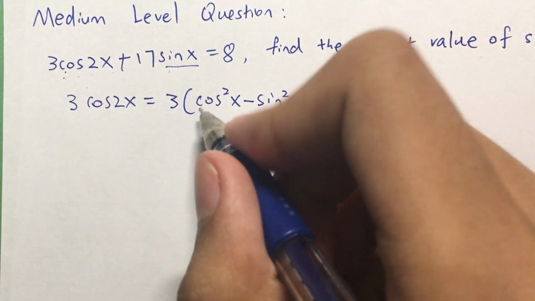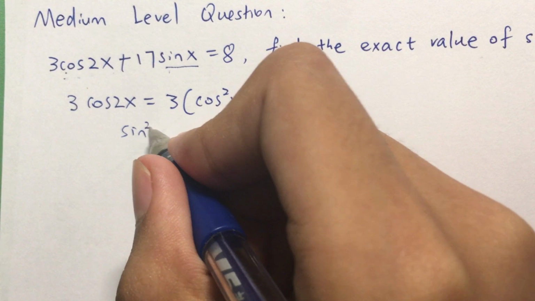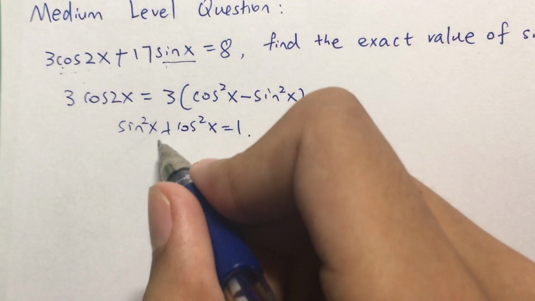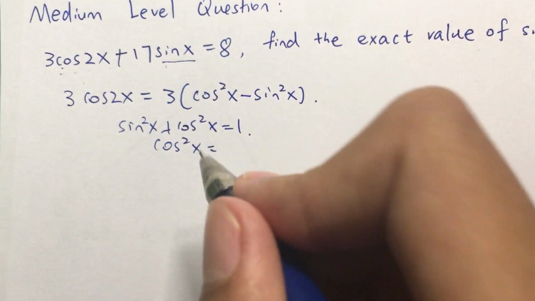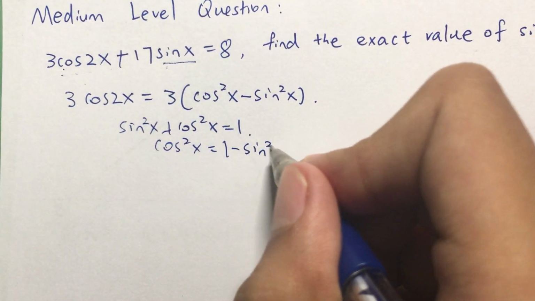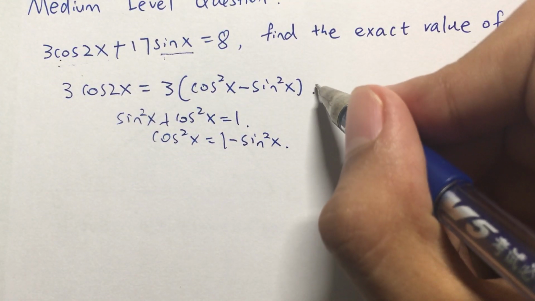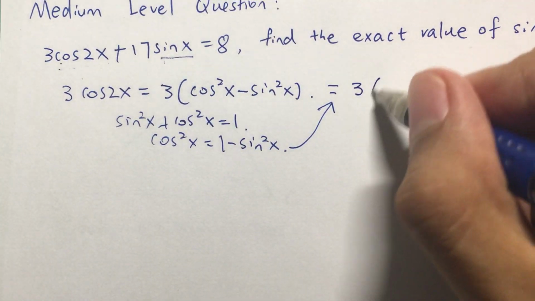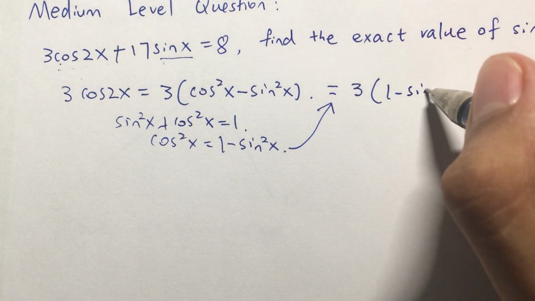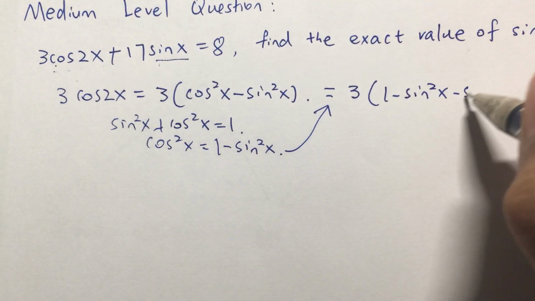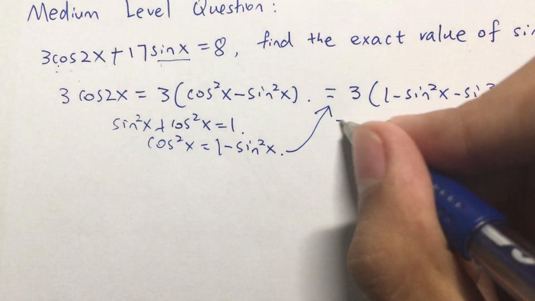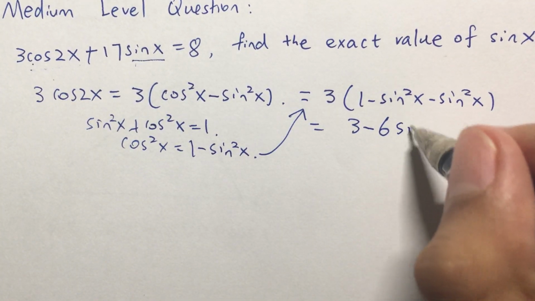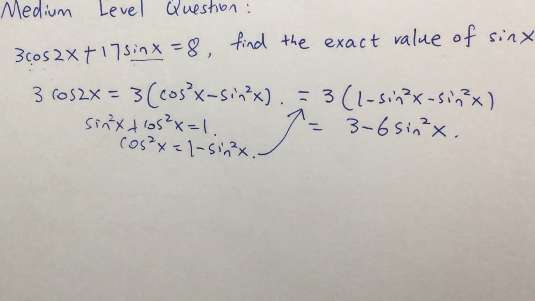We also know that sine squared x plus cosine squared x is equal to 1, which means cosine squared x is equal to 1 minus sine squared x. So that is equal to 3 times 1 minus sine squared x minus sine squared x, which equals 3 minus 6 sine squared x.